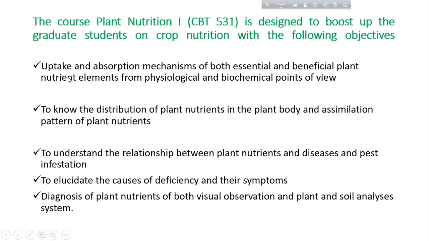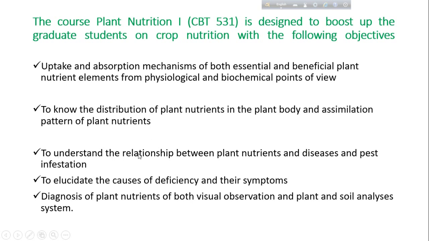Uptake and absorption mechanism of both essential and beneficial plant nutrient elements from physiological and biochemical points of view. To know the distribution of plant nutrients in the plant body and assimilation pattern of plant nutrients.